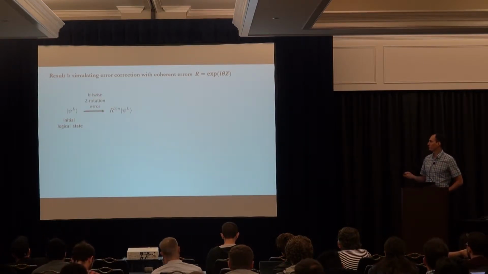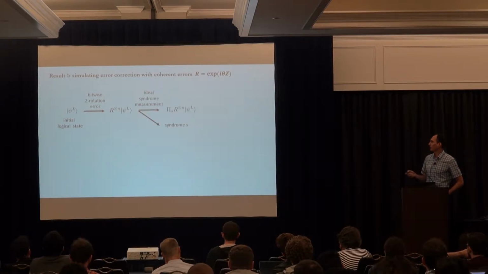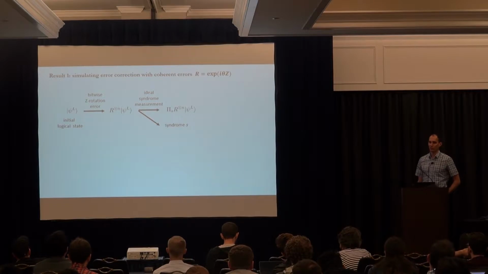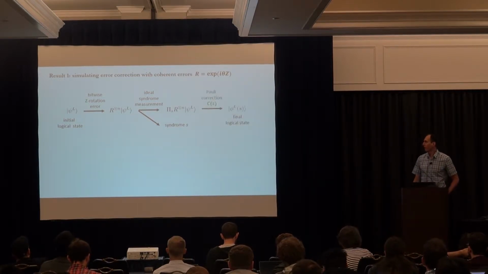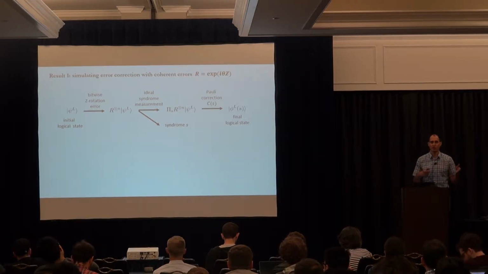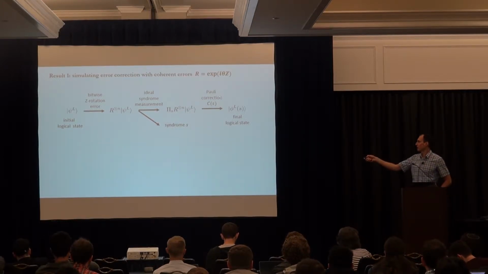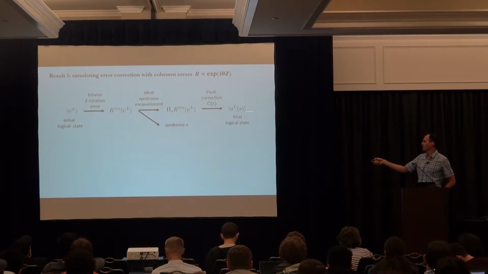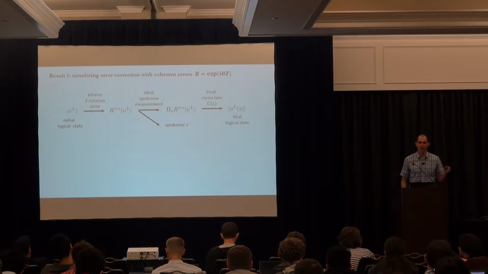We apply a bitwise Z rotation. Then we measure the syndrome, so P_S is the syndrome projector. Then we run our decoding algorithm, say minimum weight matching, and calculate the Pauli correction operator, and it brings us back to the code space. So we end up with some final logical state.